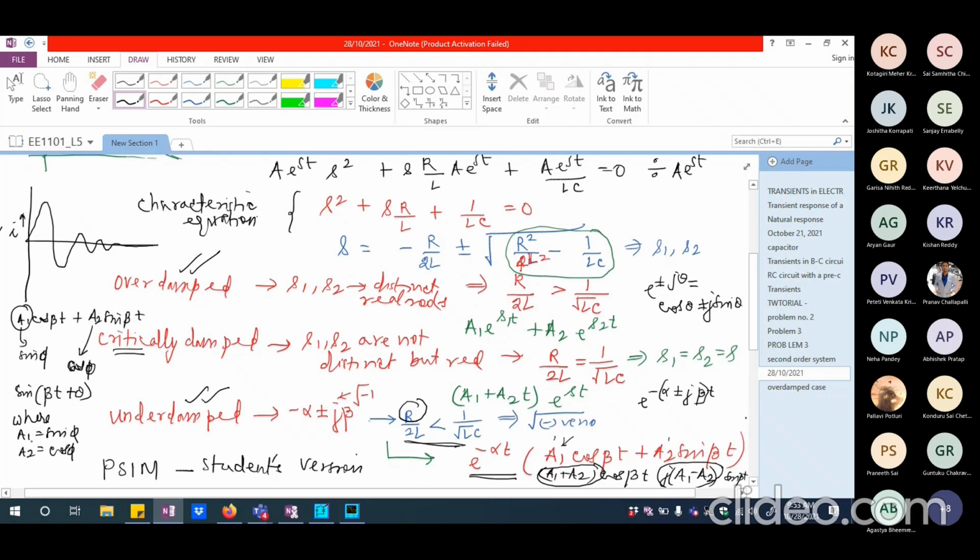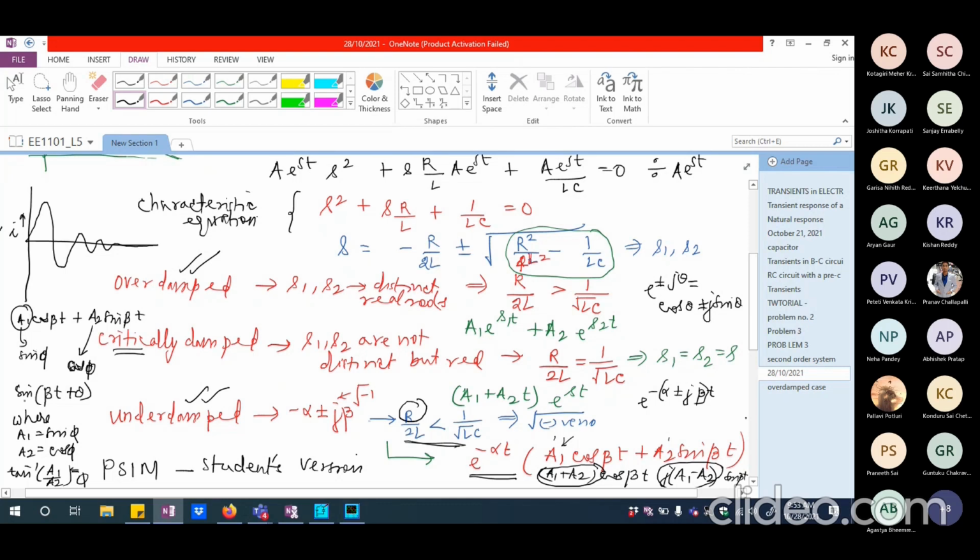I should be able to find the value of phi also: tan inverse of a1 by a2 will be my phi value.